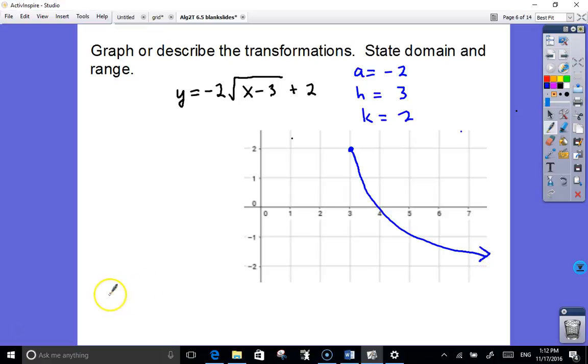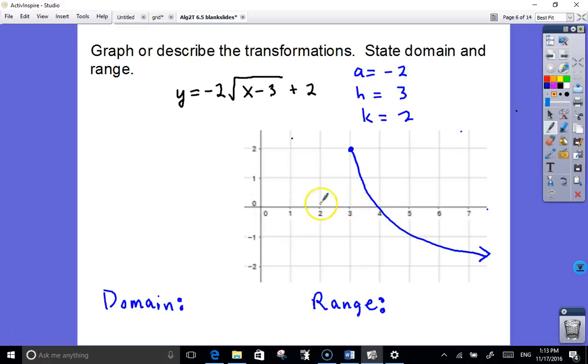What does that make the domain and the range? What's the domain? Domain, x values. Right, remember the x values are on this axis.